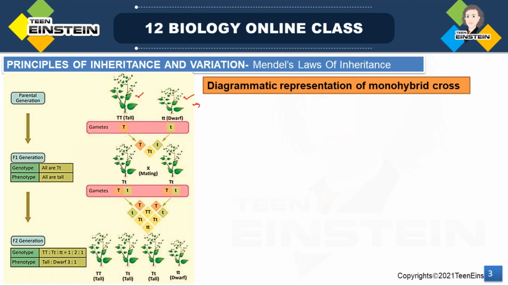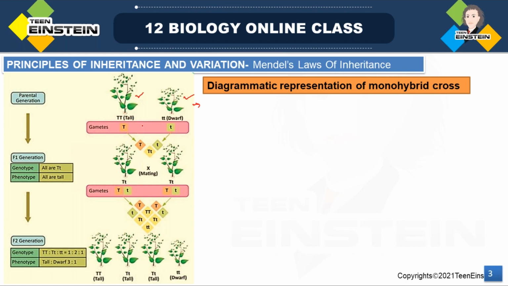Then he crossed the plants and collected seeds after crossing. Here you can see the crossing of the tall plant and the dwarf plant. The tall plant is homozygous tall and this is homozygous dwarf. There is no hybrid or heterozygous condition. This is homozygous, capital T and small t, right?